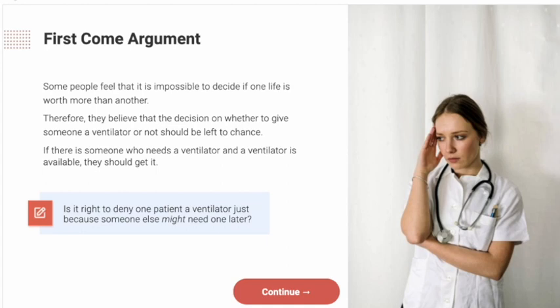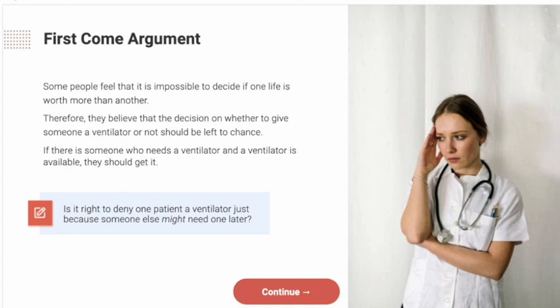So they believe the decision on whether somebody should be given a ventilator should be left to chance. If someone needs a ventilator and one is available, they should get it. That's simple. And if there are no more left, then that's unfortunate for them. So that's also not great. No right or wrong answer.